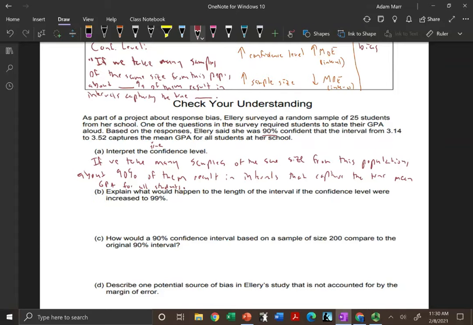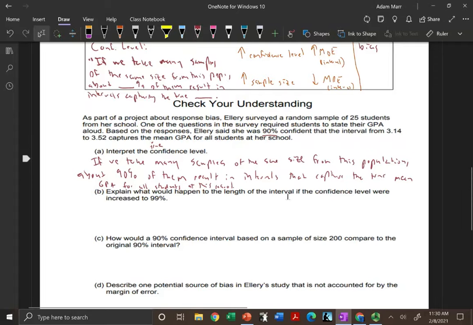If we take many samples of the same size from this population, about 90% of them result in intervals that capture the true mean GPA for all the students at the school. All right, good enough. You could have probably just said the true mean GPA. That would have been okay too.